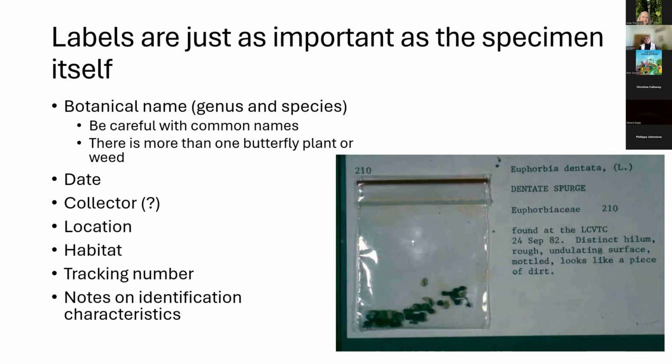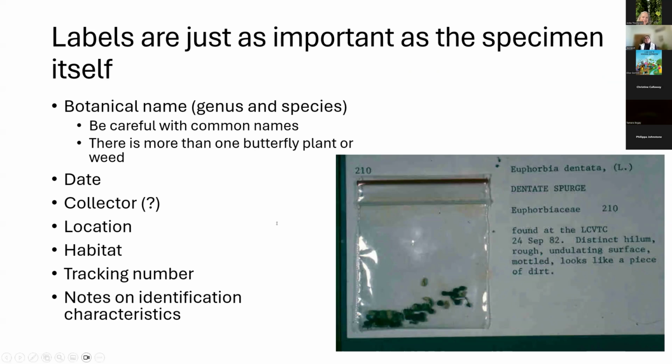So our seed lab manager, Randy Crowell, often says, toads are not frogs and dolphins are not fish. And so we have to be pretty careful when using common names. It's certainly fine to include those in with your data, but to make sure that the botanical genus and species name and family, if at all possible, are collected at the same time.